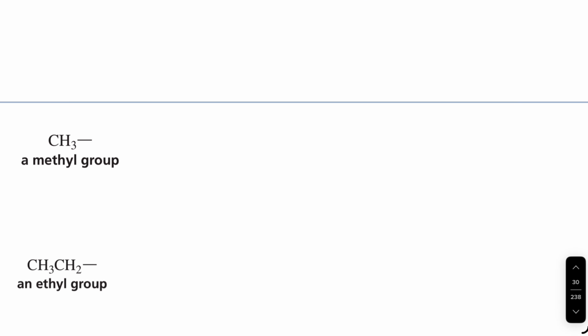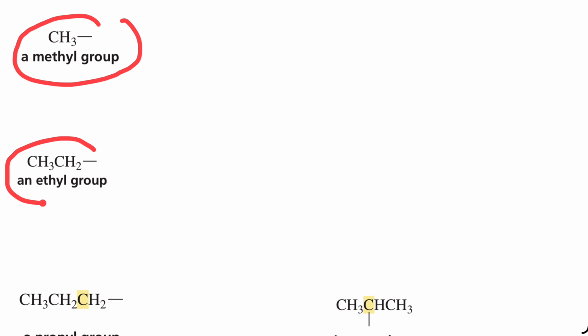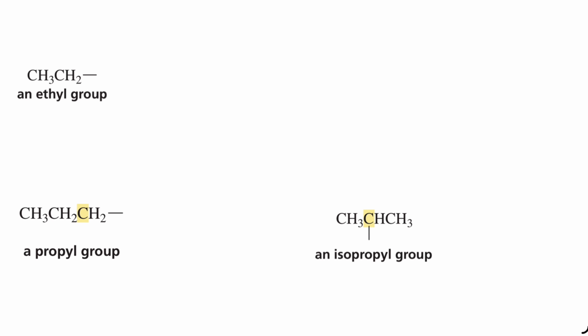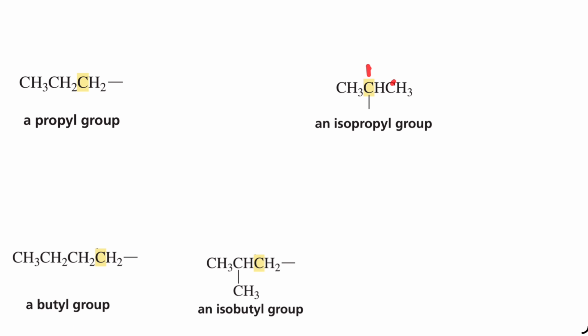So if you look at all the alkyl groups at once, this is a methyl group, this is an ethyl group, this is an n-propyl group. You can see this CH3, CH, CH3 is the isopropyl group. You can write the CH3 here also, no problem.